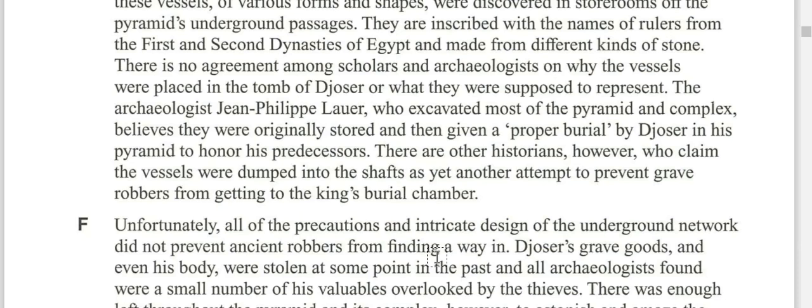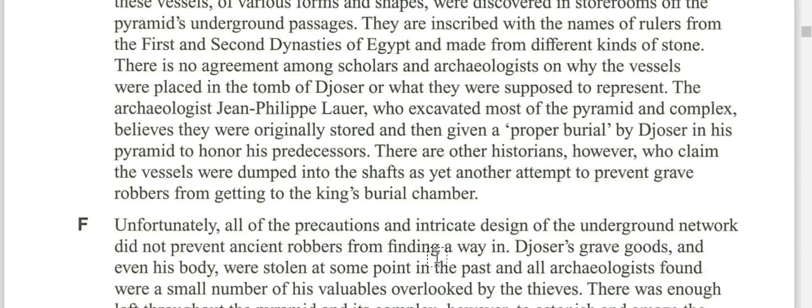Unfortunately, all of the precautions and intricate design of the underground network did not prevent ancient robbers from finding a way in.